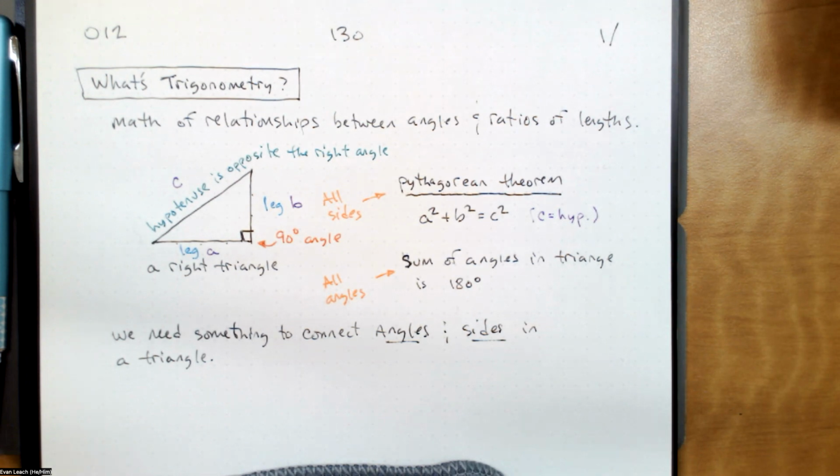We need something that's going to connect angles and sides in a triangle. This is where trigonometry enters the chat.